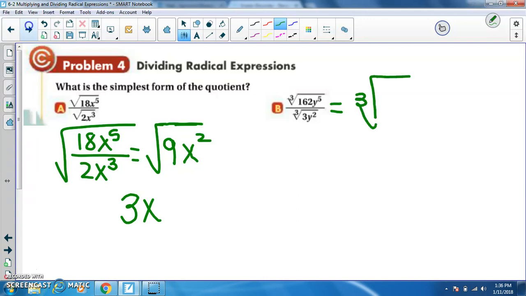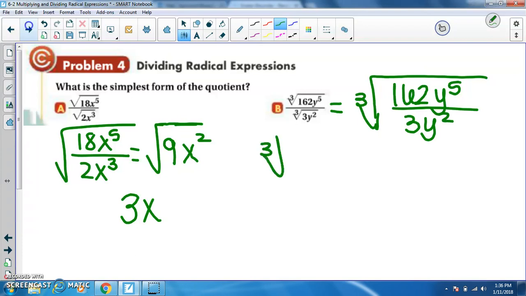The cube root of 162y to the 5th over 3y squared. So the cube root of 162 over 3 is 54. y to the 5th over y squared is y to the 3rd.